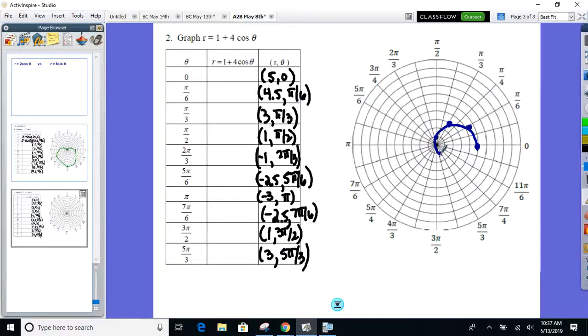There it is. Is it coming there? 5 pi over 6. So going the other direction, 2 away. And that's, what was that one? -2.5, 1, 2.5. -3 pi, so it's going to be 3.